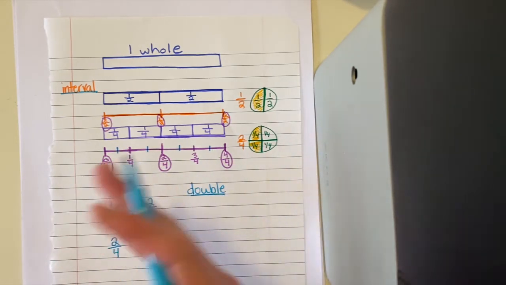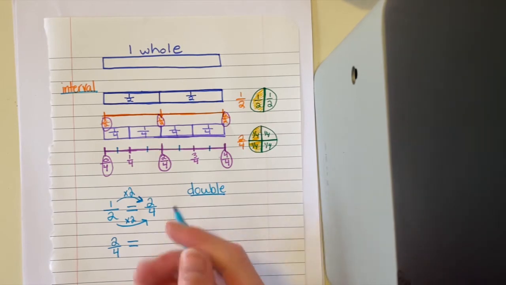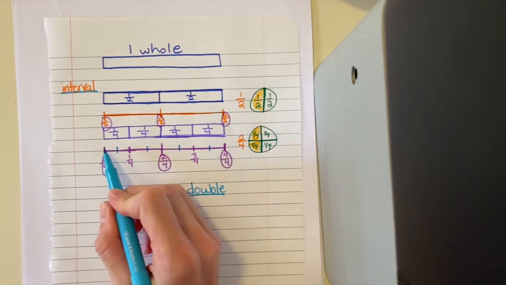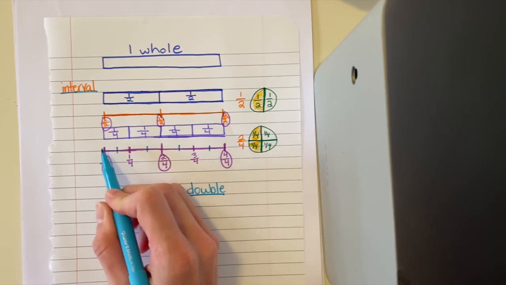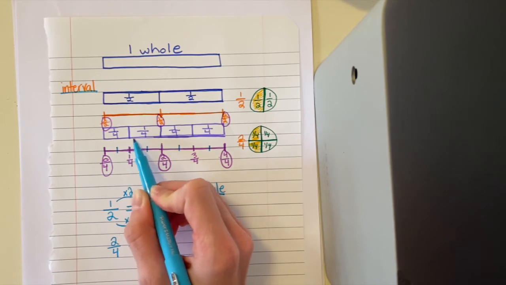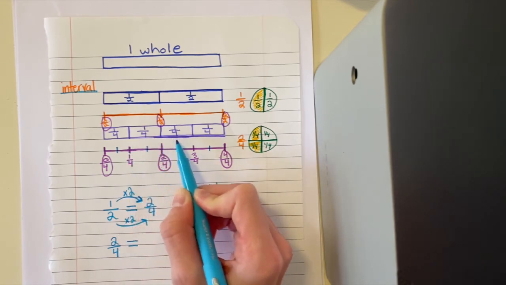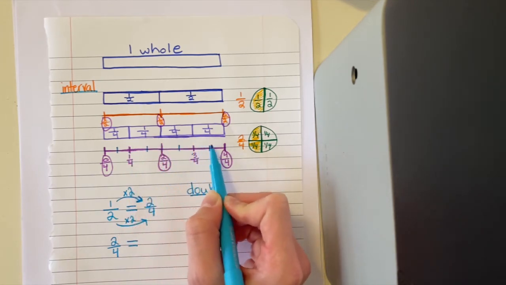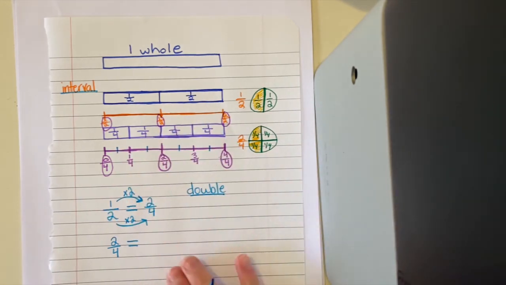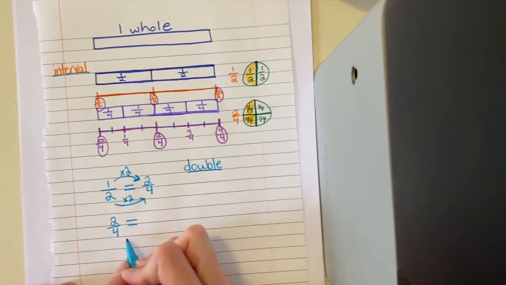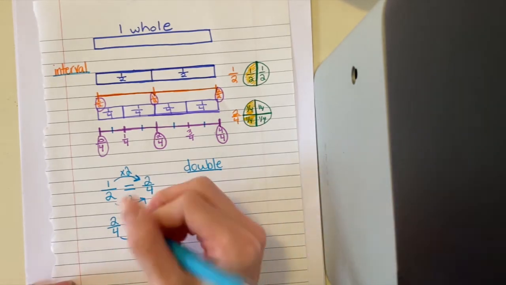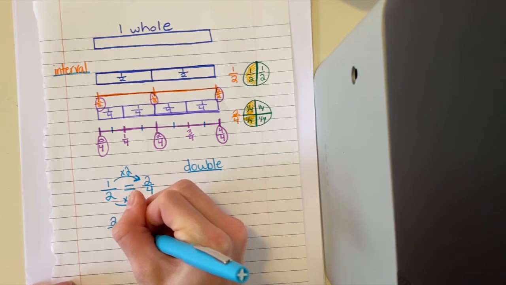If I've doubled 4 parts, that means it's going to be how many parts? Well, let's count. Remember, this is 0, that first endpoint is 0. 1, 2, 3, 4, 5, 6, 7, 8. We've made eighths. Let's go down here. We've doubled our fourths into eighths.